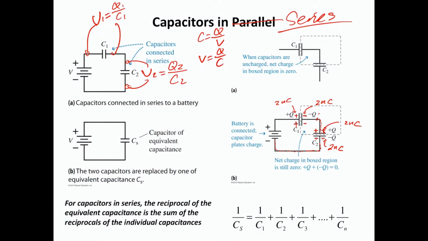Now Q1 and Q2 are the same, so you expect different voltages. All right, how to find the equivalent? The equivalent is 1 over. This is a little bit like resistors in parallel. Can you see it? This is all you need to remember.